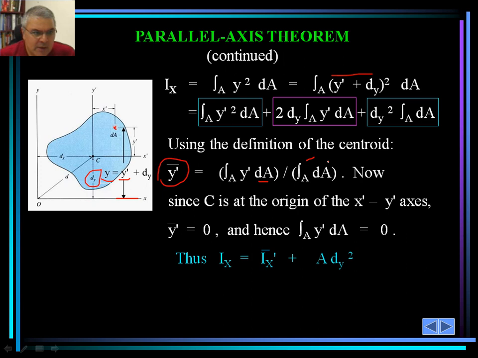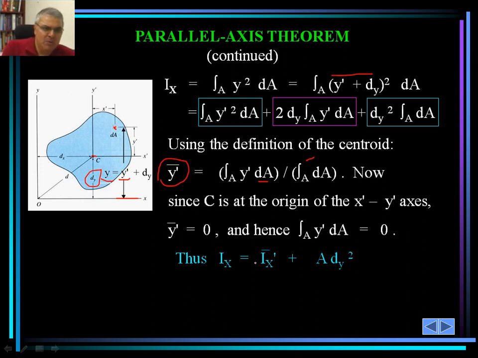And then we know that in this case, because C is the origin of the x prime y prime axes, the axes that actually pass through C, then y prime bar is 0, right? Because we're taking the moment of inertia of that axis with respect to its centroid. As such, y prime bar would be 0.